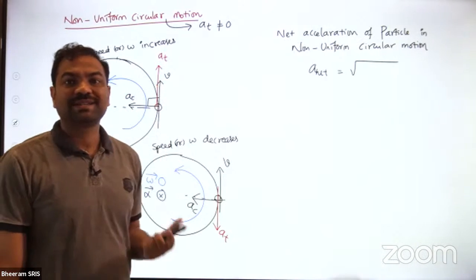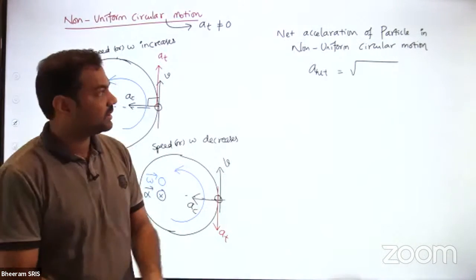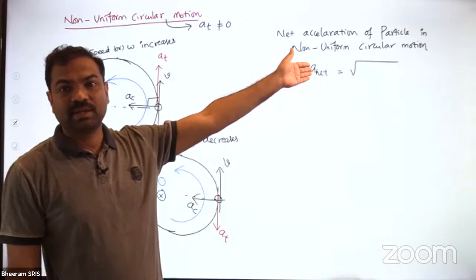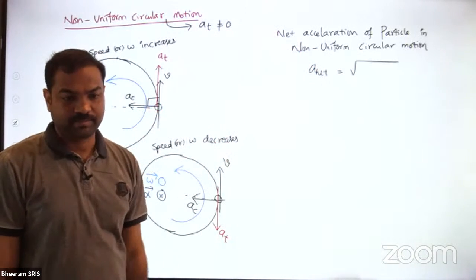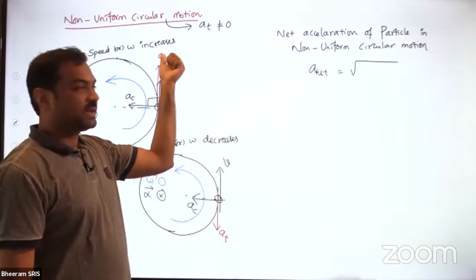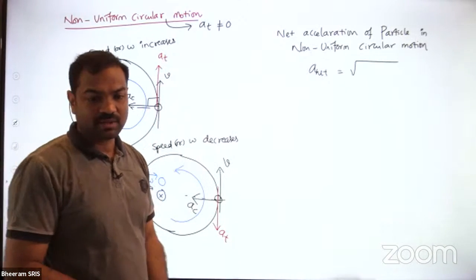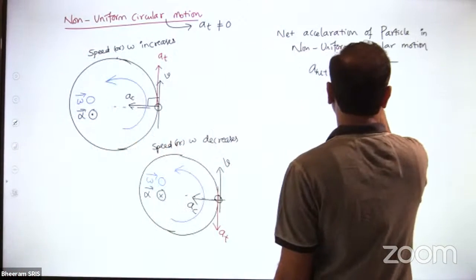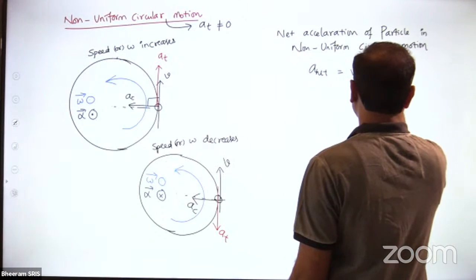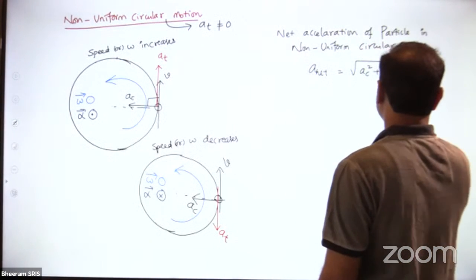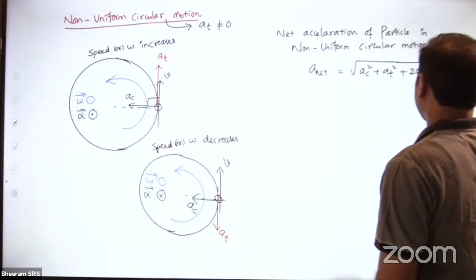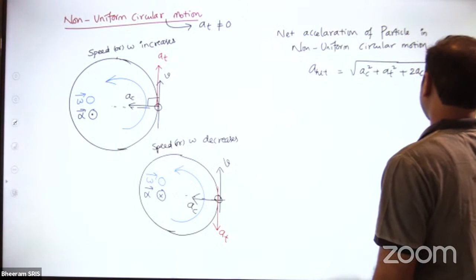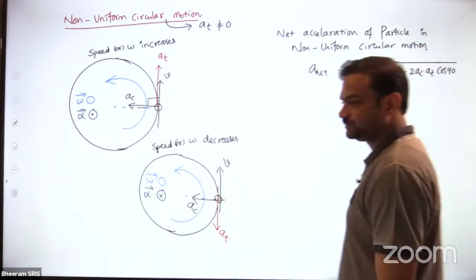Then we have to find the resultant vector, the resultant acceleration, the net acceleration of the particle in non-uniform motion. There are two vectors; I want to find the resultant. I can write root of AC square plus AT square plus 2 AC AT cos of the angle between them, which is 90.